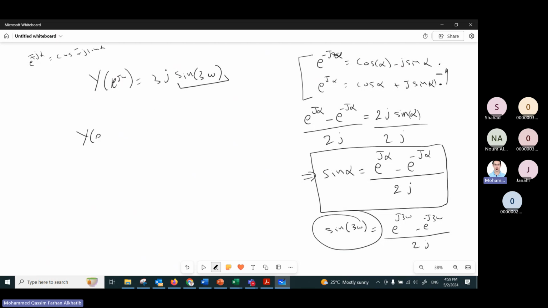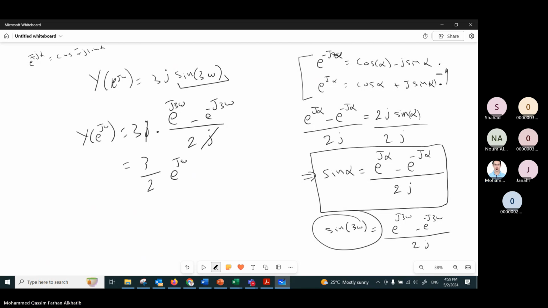So Y of e to the j omega is 3j times e to the power j 3 omega minus e to the power minus j 3 omega over 2j. The j and j will cancel. So 3 over 2 e to the power j 3 omega minus 3 over 2 e to the power minus j 3 omega. I just did the subtraction, substituted, and distributed 3 over 2 over these two terms.